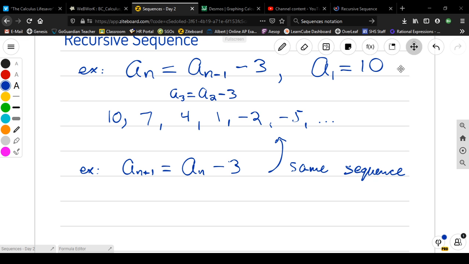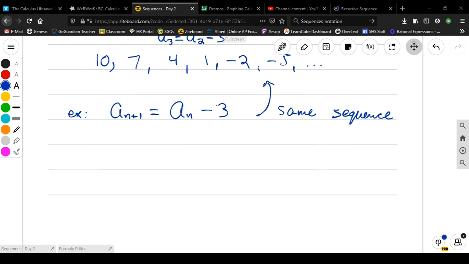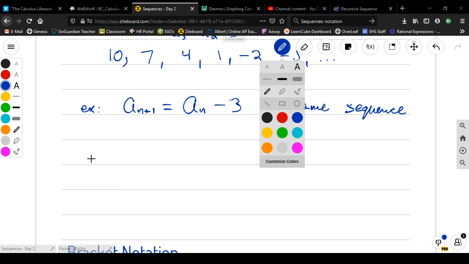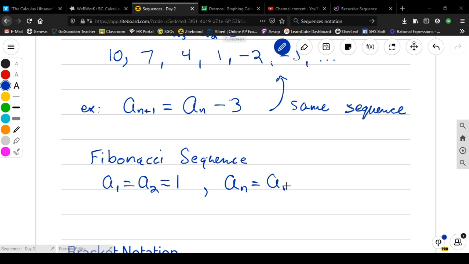A really famous recursive sequence that you're going to write out a couple terms for in the WebWork homework tonight is the Fibonacci sequence. In the Fibonacci sequence, we define the first two terms to both be equal to 1, and then from there on out, the next term is going to be the sum of the two previous.